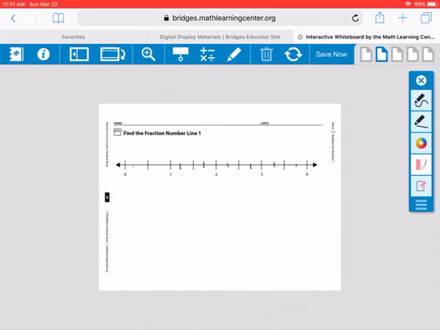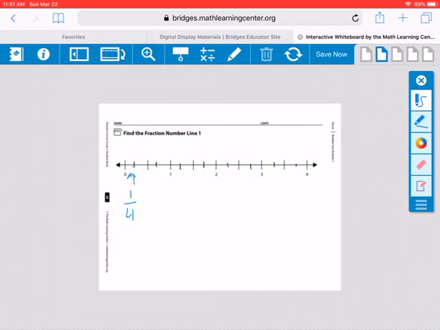I'm going to erase those too, make them a little bit prettier. Now I've broken each section of my number line into 4 sections. So this first spot right here would be 1/4 of my number line.